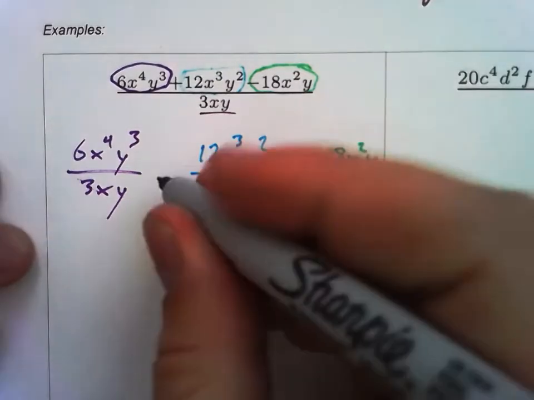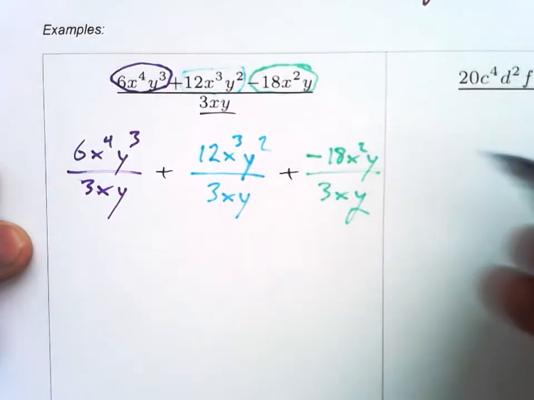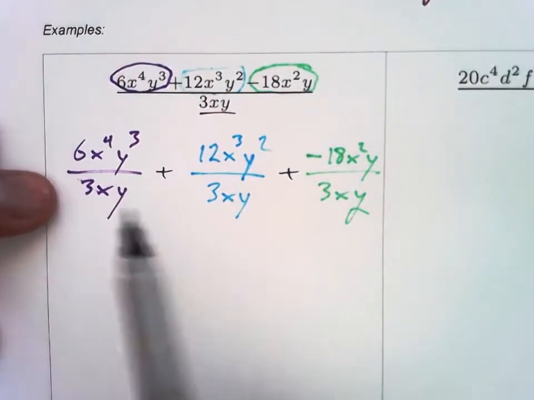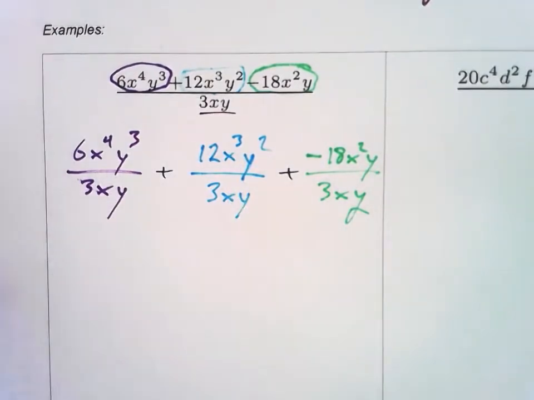And those are added together. So first we'll do this one, then this one, then this one, and the answer will be all those parts added together. Okay. So we'll keep color coding this here.